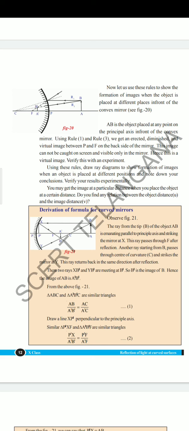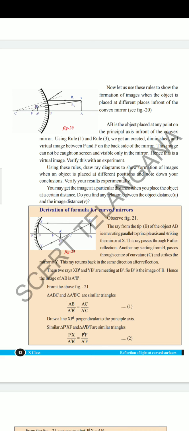Draw a line XP' perpendicular to the principal axis. Triangle P'XF and triangle A'B'F are similar triangles. P'X by A'B' is equal to P'F by A'F.